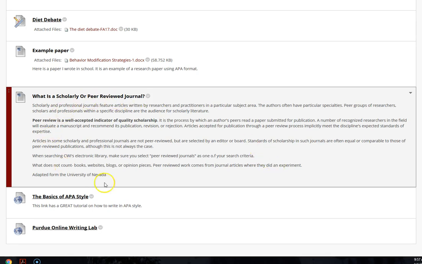So read this on what a scholarly or peer-reviewed journal article is. Because when we talk about peer review, it means the experts in the field have reviewed the research or the experiment done by the researchers, have proved it to be valid and reliable, and it is meant for the masses. Okay, so it's not always, but likely free of bias, control, things like that.